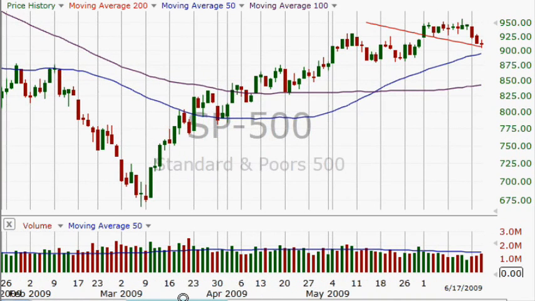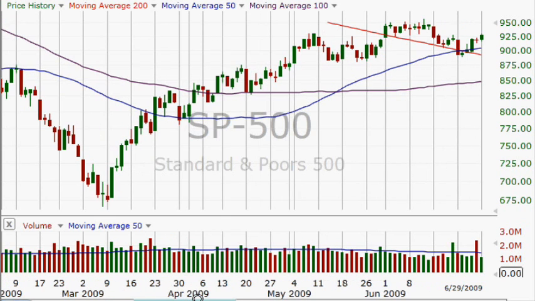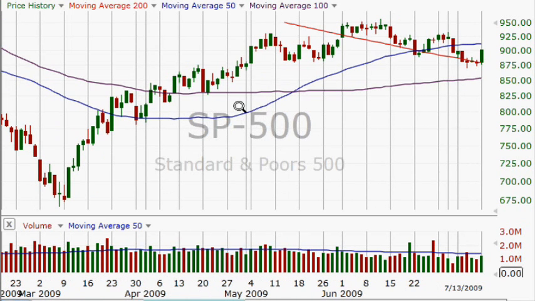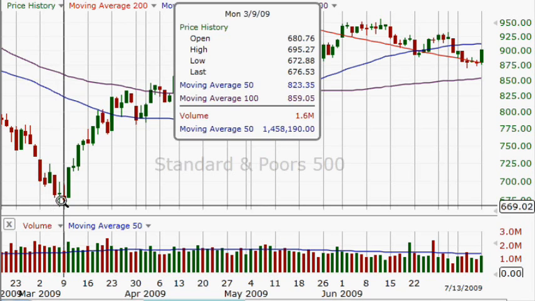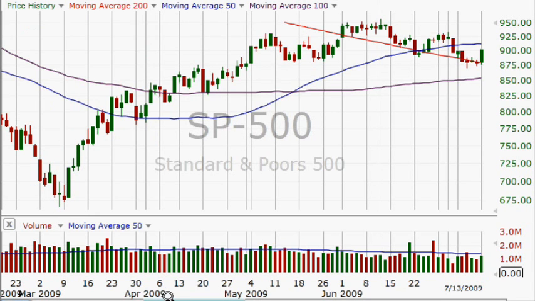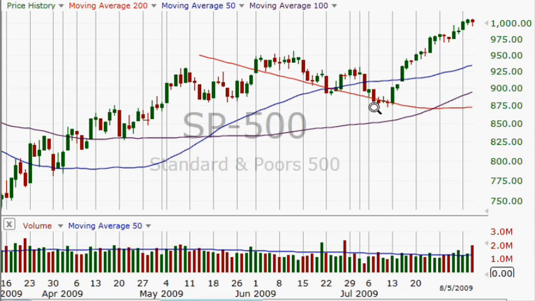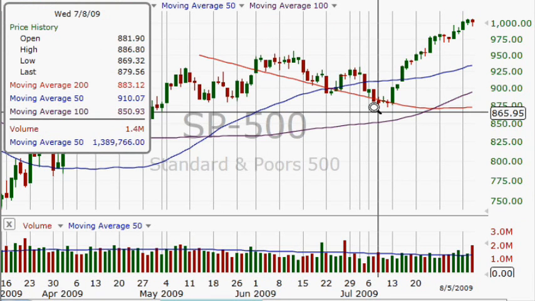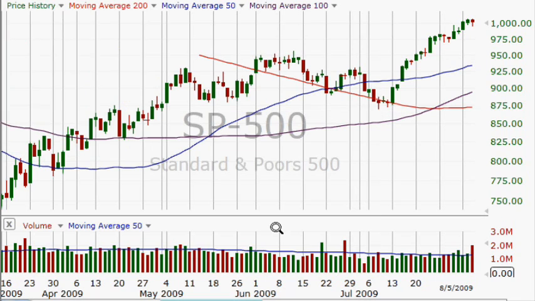And when you have bull runs, a lot of times the retracements can be tiny. Retracement here, which is tiny, this one here, which is tiny, and thus the run, which would take us from March bottom to the top here in June. That's 3 months. And its retracement was July the 8th. So that was only about a month's time frame.